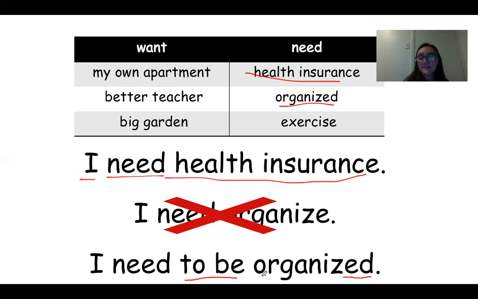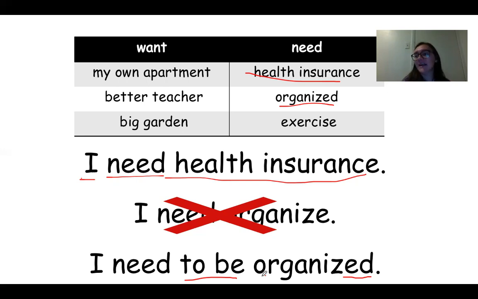Now this is where it might be confusing, because you could say, well, wouldn't you use simple present tense, organize? Because organize means that they do it a lot, that they do it often. Or I need to be organizing means it's continuous, right? The reason we use "I need to be organized" is because it's talking about not just a verb.